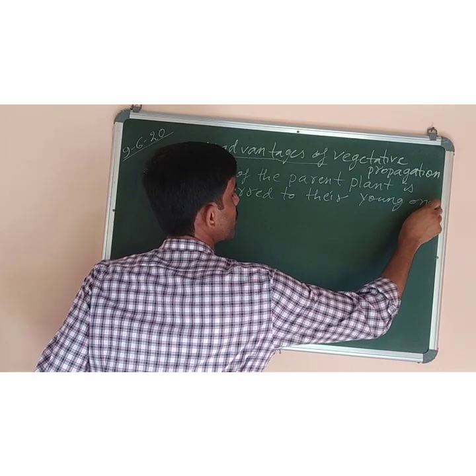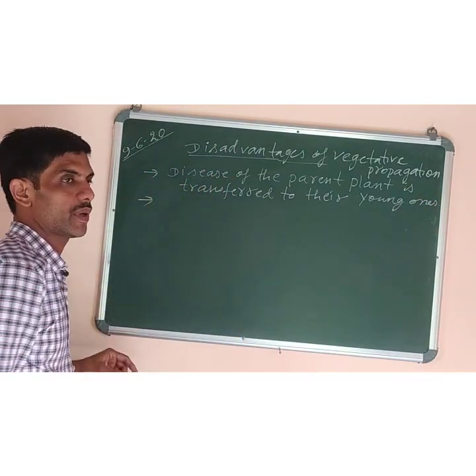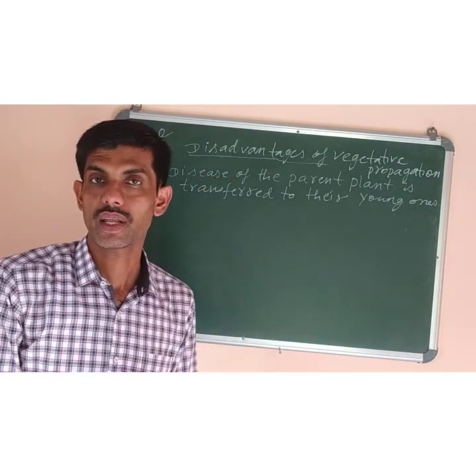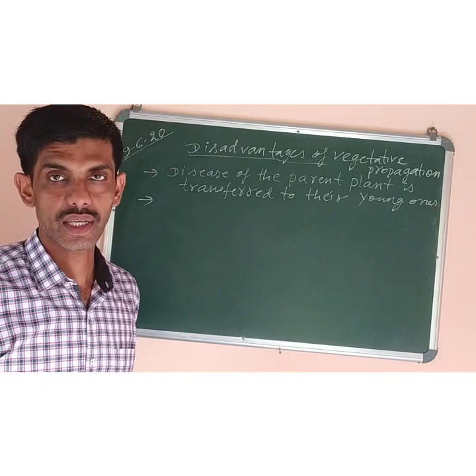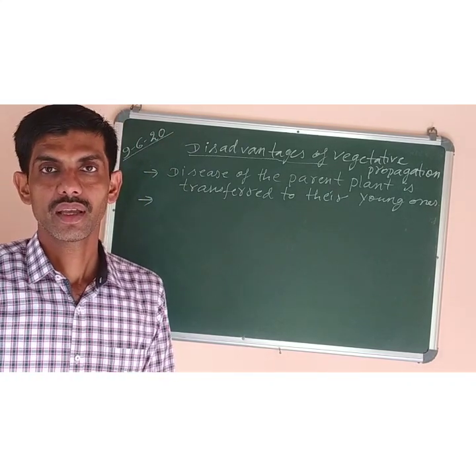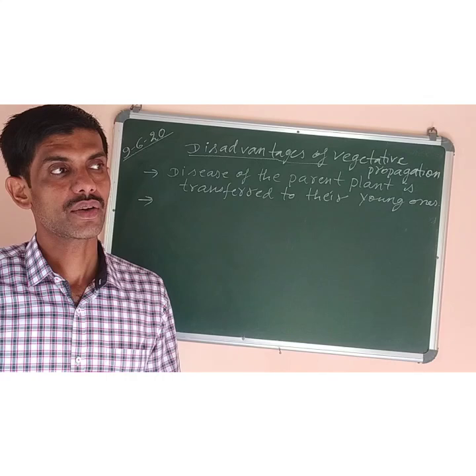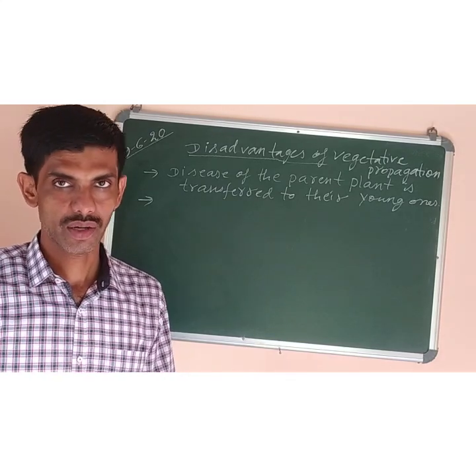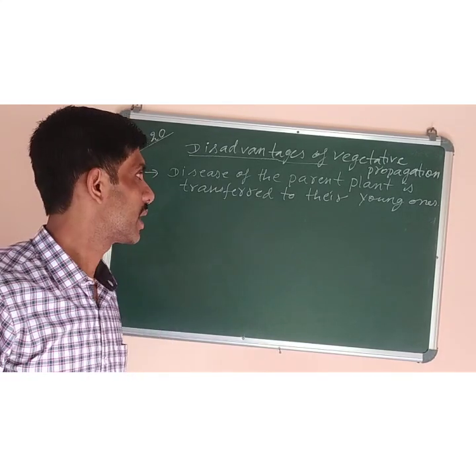That is, to the new plants it is transferred. Because if you are doing stem cutting of a rose plant and the rose plant is already sick, suffering from some disease, then such disease will get transmitted to the new generation also. So that is one of the demerits.